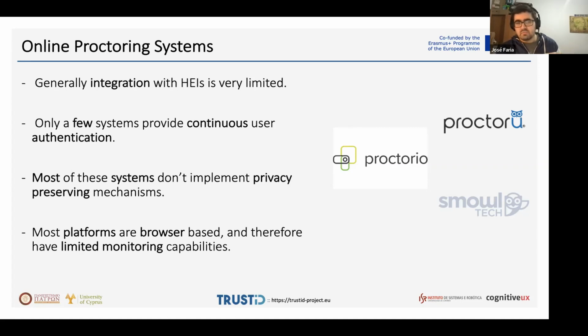Most of these systems don't really implement any type of privacy preserving mechanisms. So you'll usually have to rely on these third parties to manage your data properly, which is a very big problem, because as we all know, there are data breaches all the time. Every year we have a massive data breach. We've had Facebook data breaches.